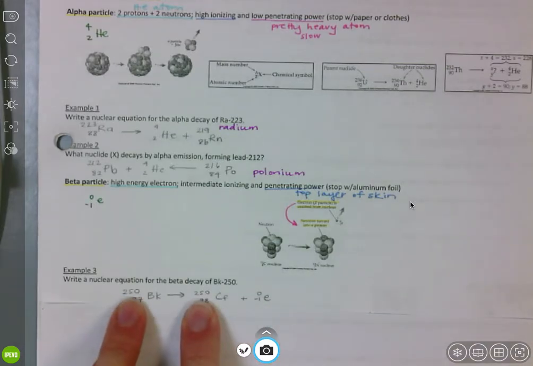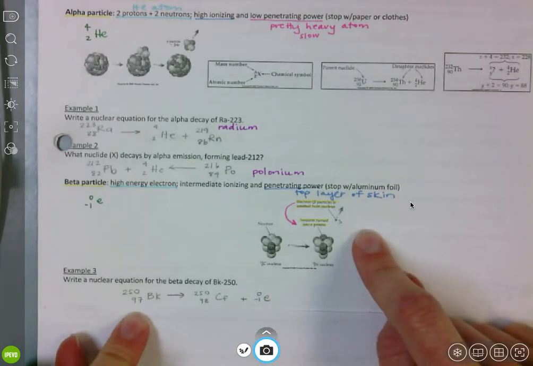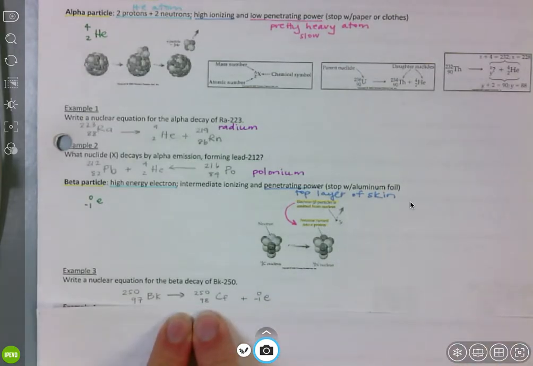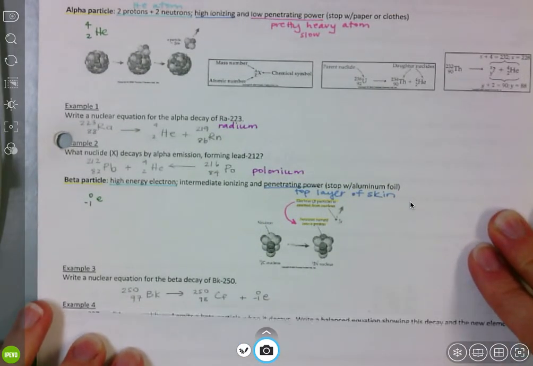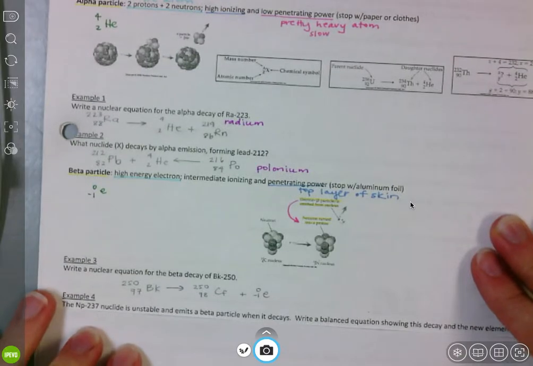So our mass number is going to stay the same, 250, but we are gaining a proton because a neutron is turning into a proton. So we're going up 1 atomic number, so 98. Element number 98 is californium. So that is example number 3 there.